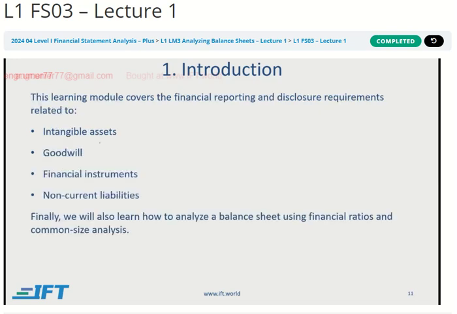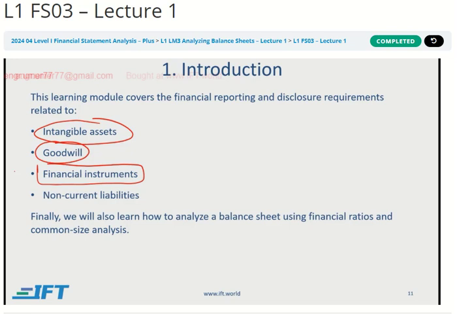So what are we going to discuss in this learning module? First of all, how do you account for intangible assets on the balance sheet? What is the treatment for goodwill? How do we value and measure financial instruments on the balance sheet?